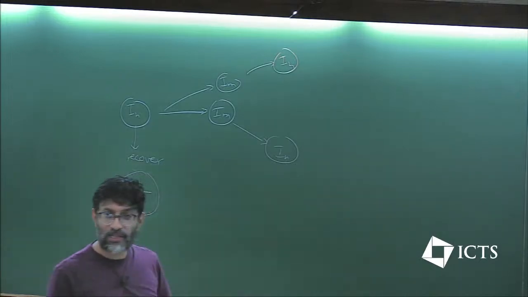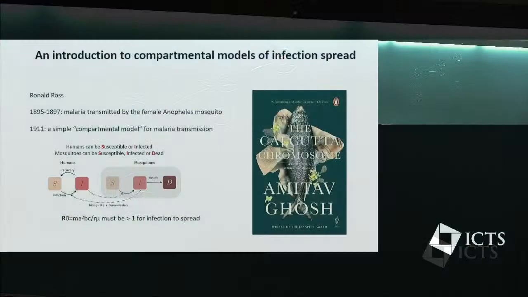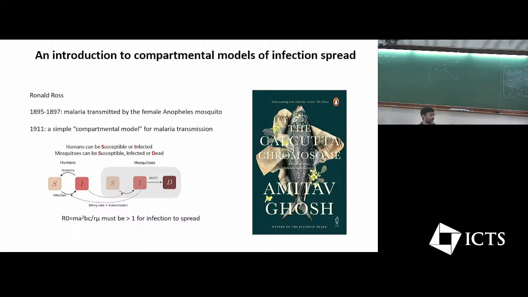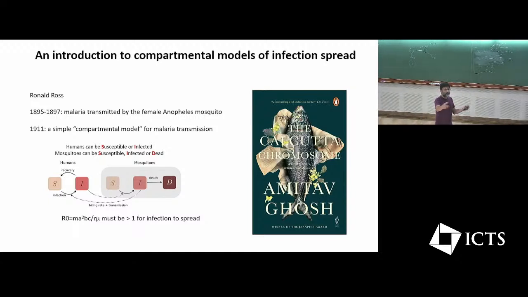Now you can imagine why this is an average number; of course this is going to be a stochastic process. If we're in this room, I'm infected, and I start shaking hands with some of you randomly over time, and I have, say, 10 minutes before I recover. In 10 minutes, I might have shaken hands with, say, 10 of you, and maybe there's a probability of 1 over 10 that I infect somebody.